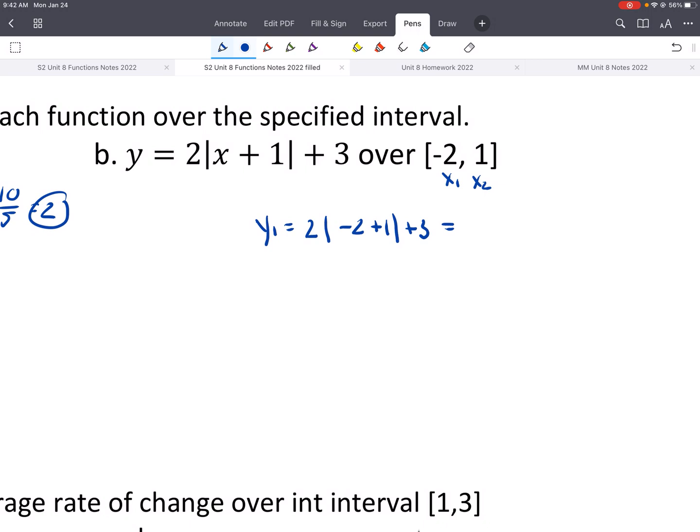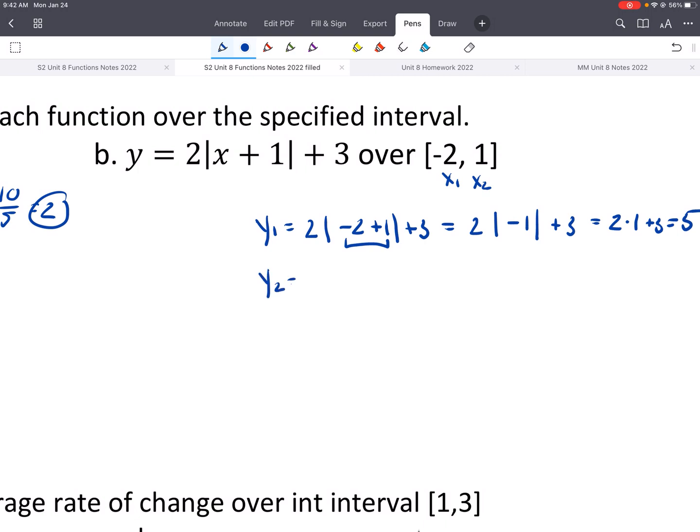We need to evaluate what's inside that absolute value before we take the absolute value. So we would want to figure out what this is. Well, that's -1. And then we can make that become a positive. So we can't make anything be positive until after we just have one number left. So we just get 2 times 1 plus 3 equals 5.